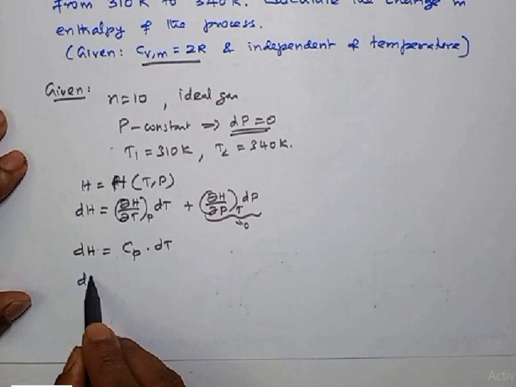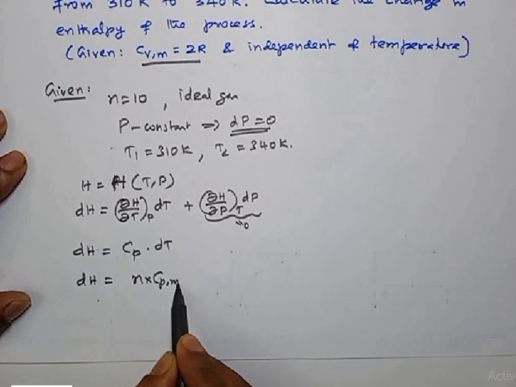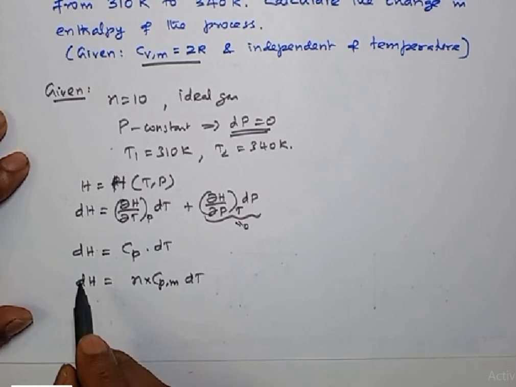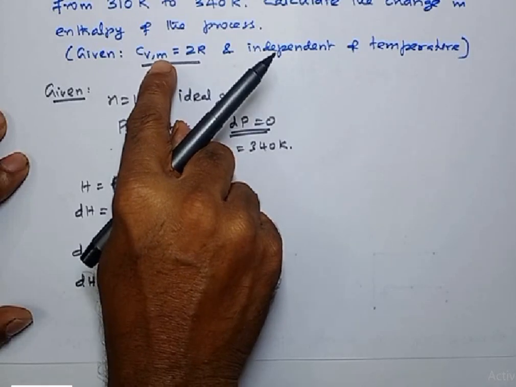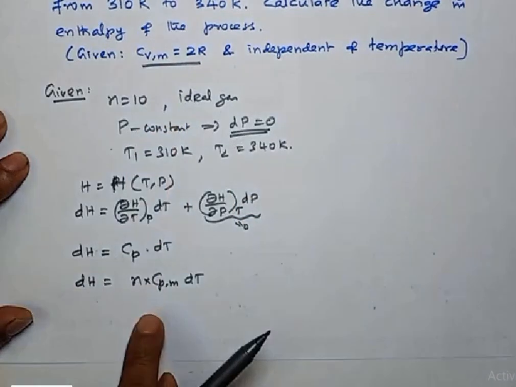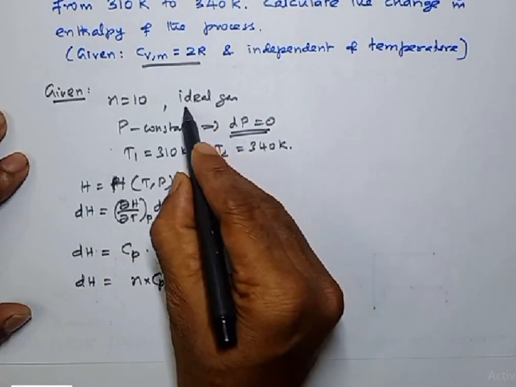Or we can also write Cp as n into Cpm into dT. But in the given problem, Cpm is not given. They have given Cvm, but the gas is an ideal gas.